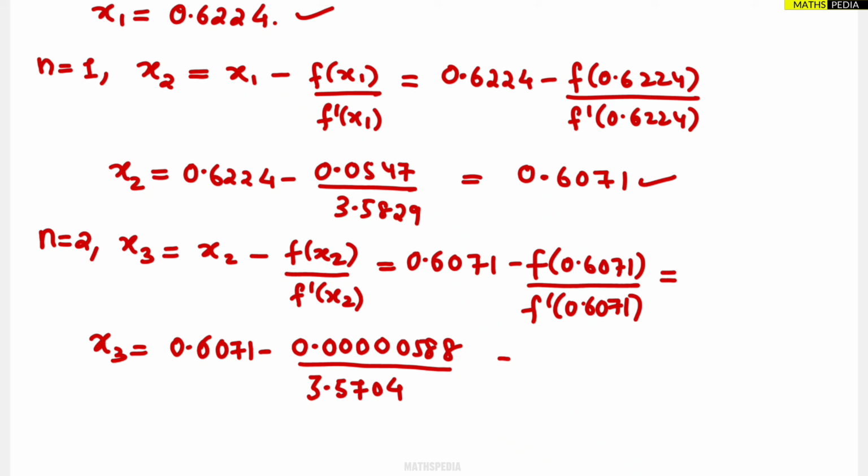So the final answer of x3 is 0.6071. So that means what? The previous iteration and the present iteration, we are getting the same value of x, right? So therefore we can stop the process because the error is 0. Or we can say if you consider more decimal places, the error will be very minute. So that's why we are stopping the process.